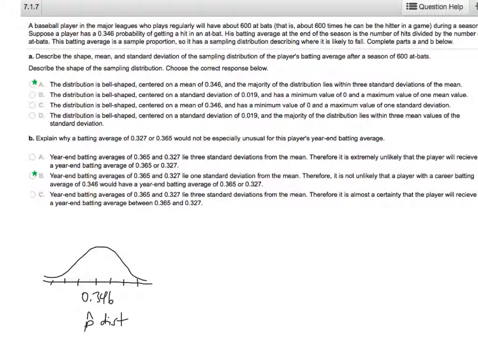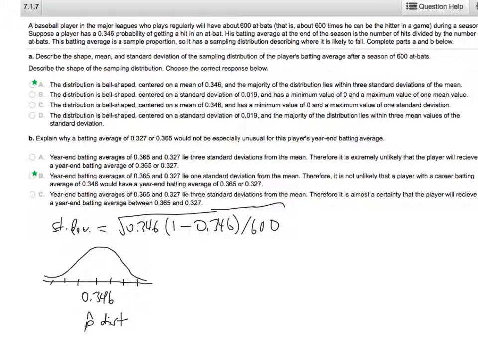And we learned that the standard deviation, sometimes called standard error, has this nice formula. It's the square root of the population proportion, 0.346, times 1 minus 0.346, divided by the sample size.